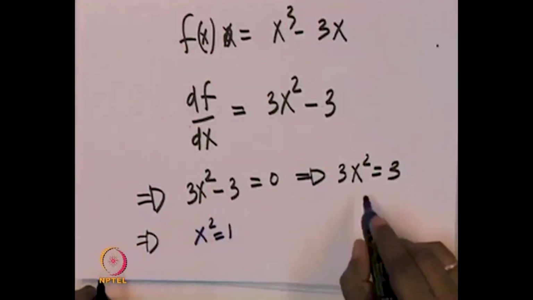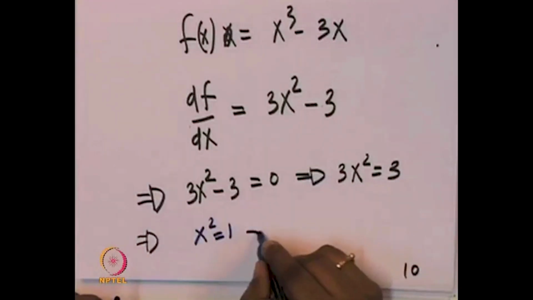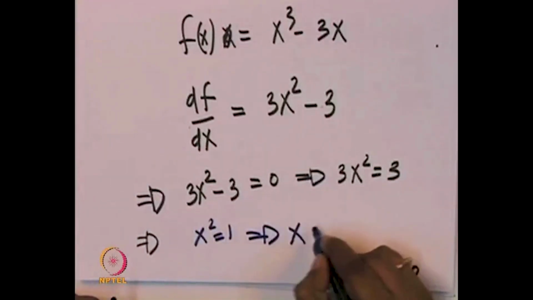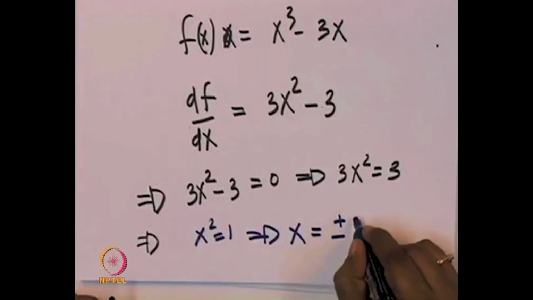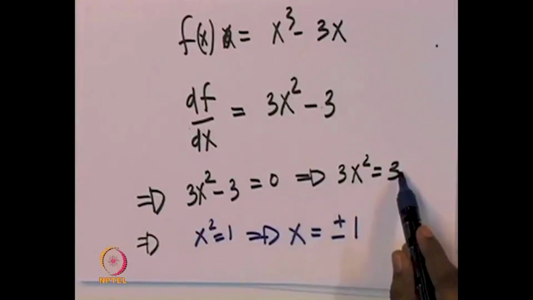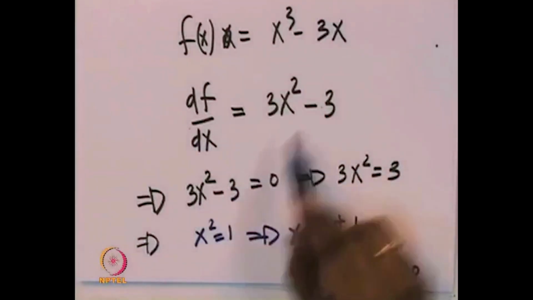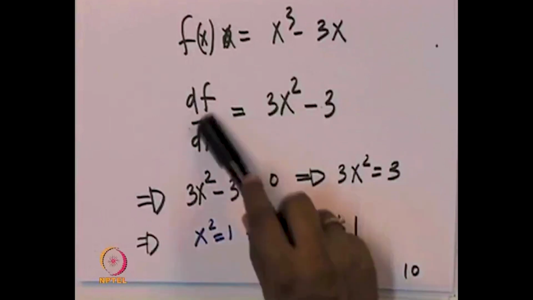equal to 1. When x square equal to 1, 3 x square is 3, which implies that x is plus or minus square root of 1, which is 1 itself. So, when x is plus or minus 1, you have x square 1, 3 x square is 3, and 3 x square minus 3 is 0. That means, when x is equal to plus 1 or minus 1, the derivative df by dx is 0.